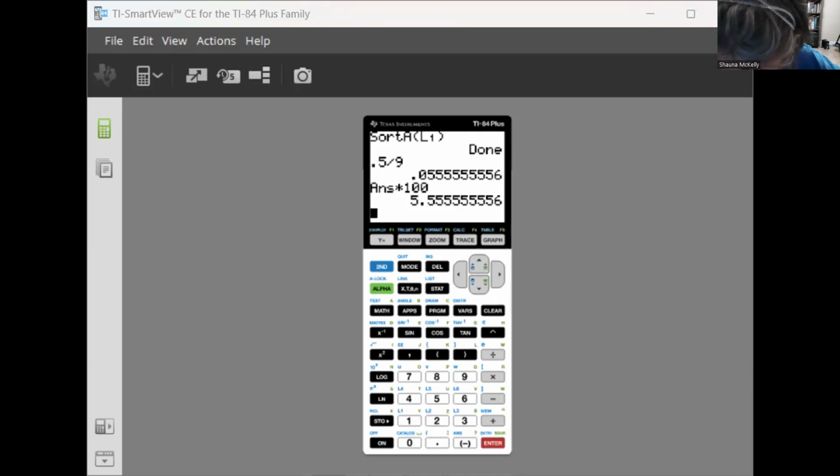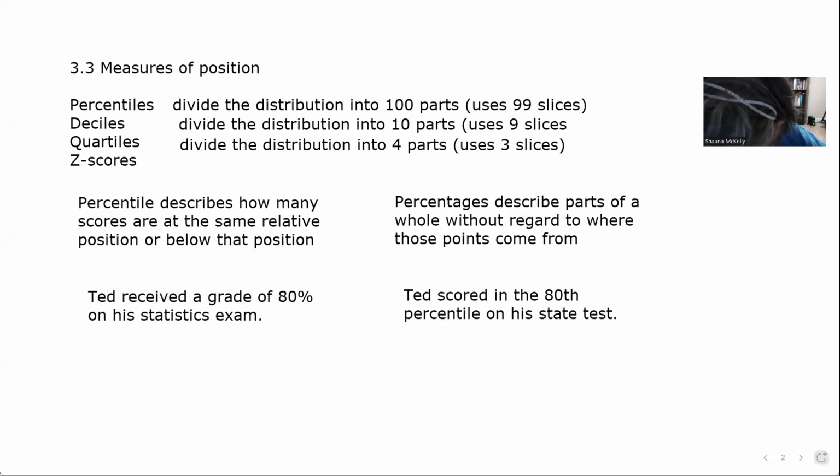So let me come back to this here. This is number 9 on our list. There's a total of 9 values.